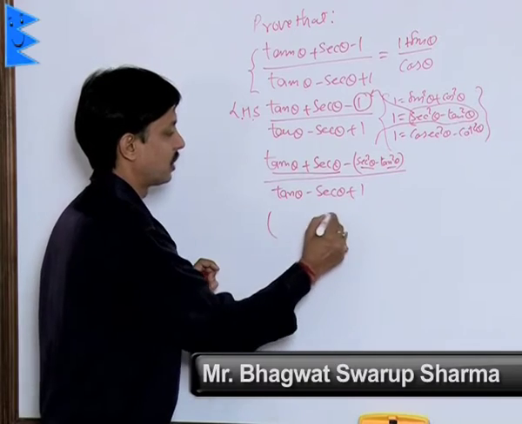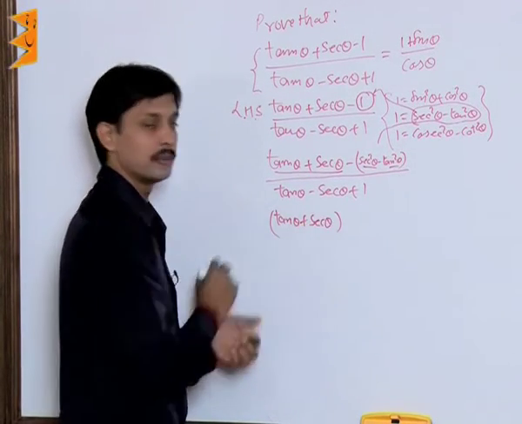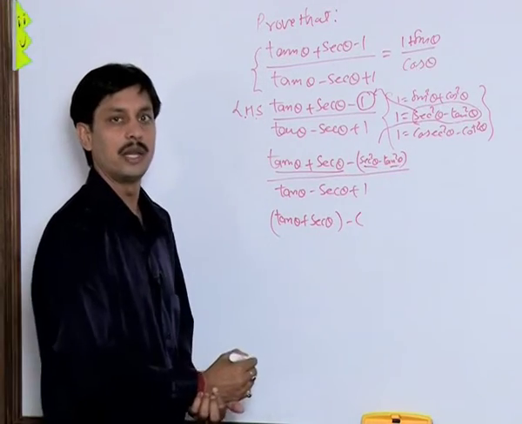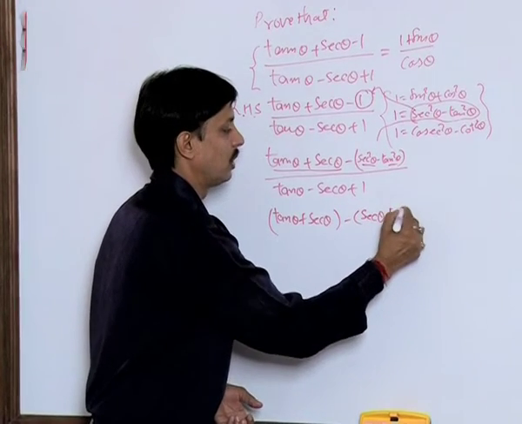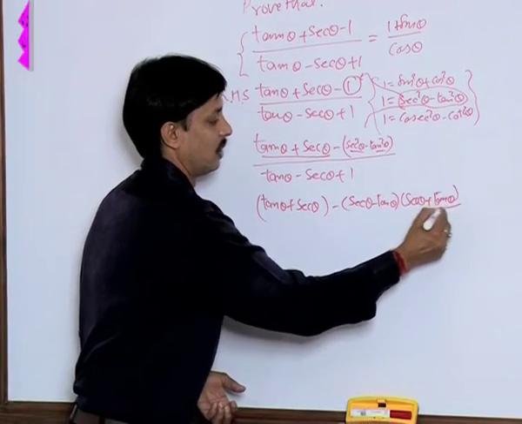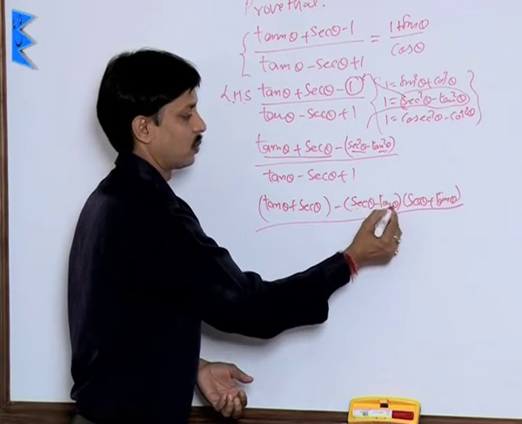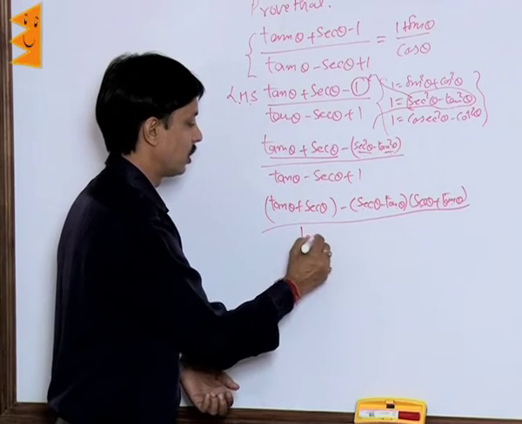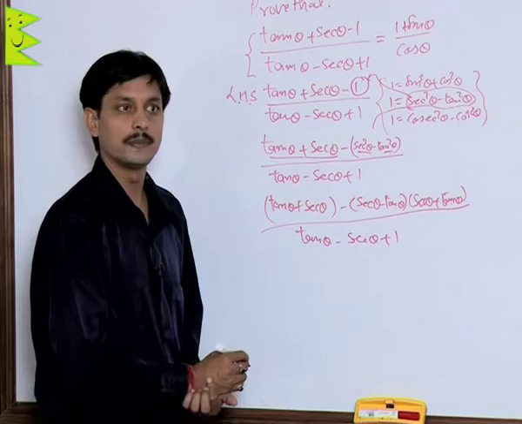I am writing this tan theta plus sec theta as it is, and minus this sec square minus tan square is coming as sec theta minus tan theta into sec theta plus tan theta, because x square minus y square is equal to x minus y into x plus y. Now this is the denominator, tan theta minus sec theta plus 1.